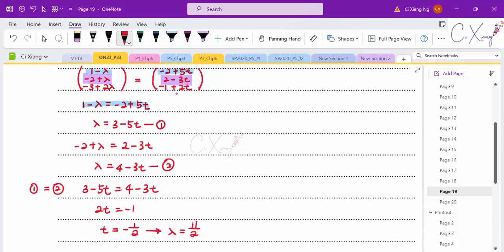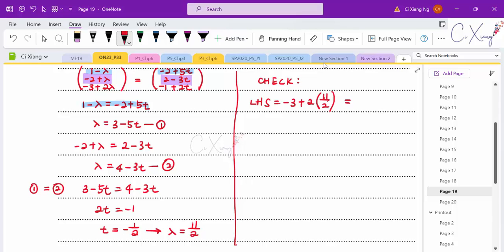Okay, now we have to double check and decide the final answer. For the checking part, I will write it here also. I will take the third equation that we haven't used just now. The left-hand side of the equation is negative 3 plus 2 lambda. What's my lambda here? 11 over 2.